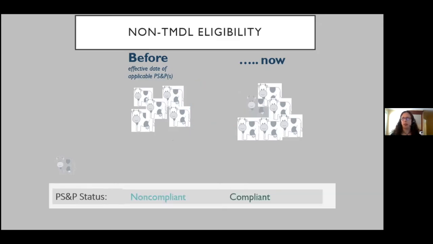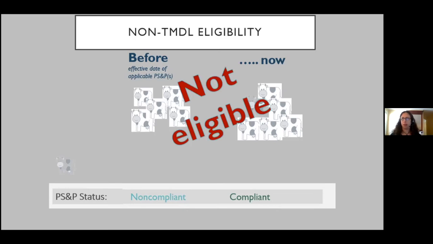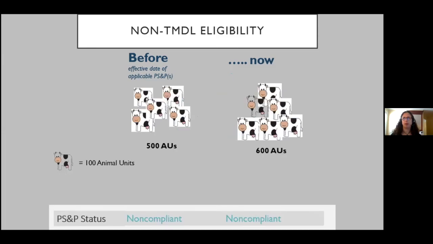So here's another example. The status was non-compliant and now it's compliant. In this case, the project is not eligible because the facility is already in compliance. In this example, the performance standard status was non-compliant before the effective date and is still non-compliant.